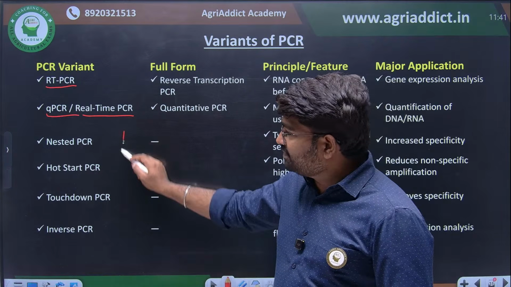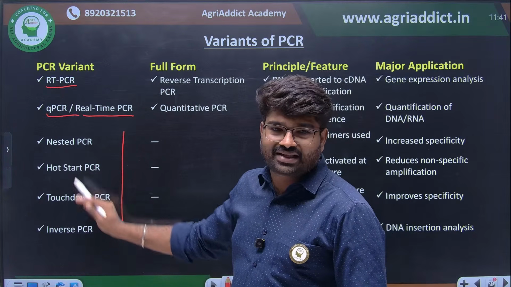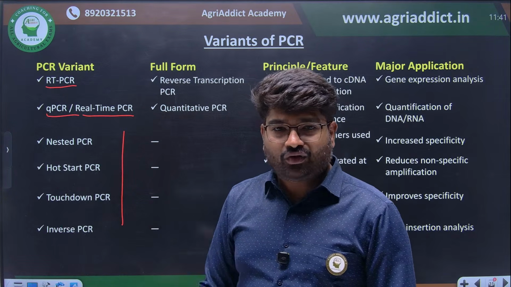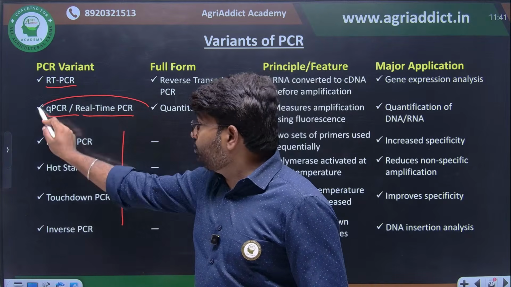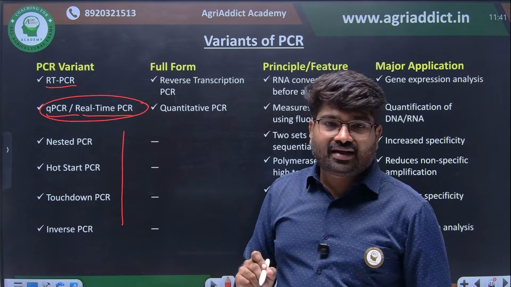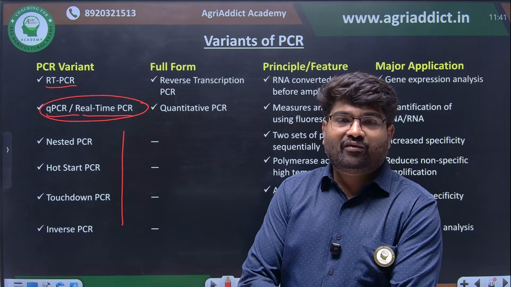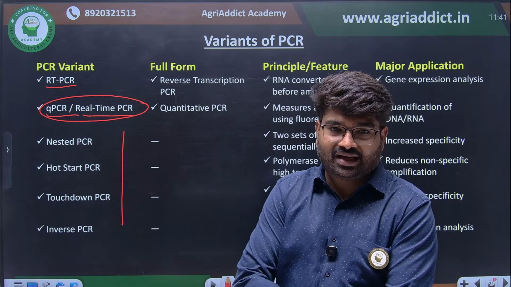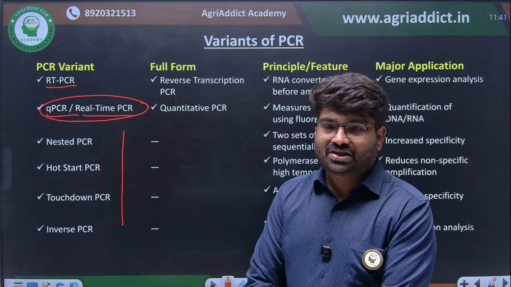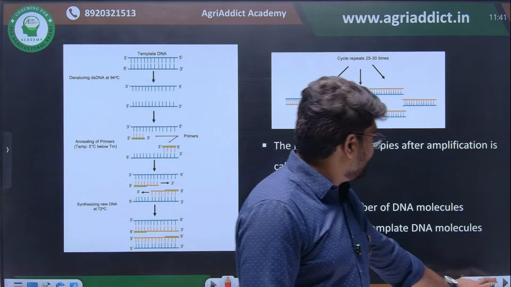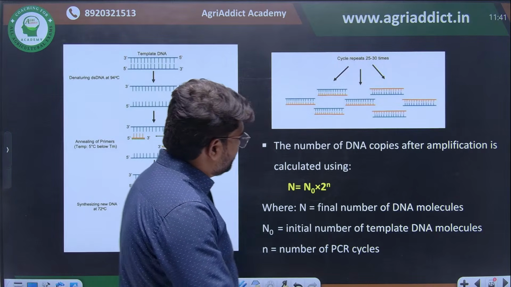Apart from that, there are different variants like nested PCR, hot start, touchdown, and inverse. You have to remember qPCR: it can be used for determining the differential expression of genes.